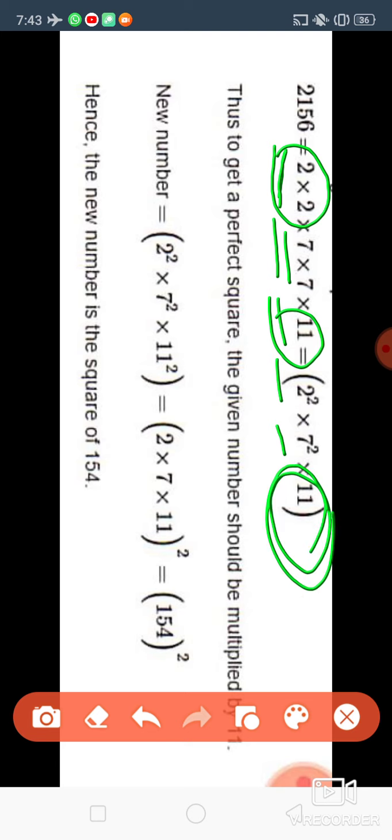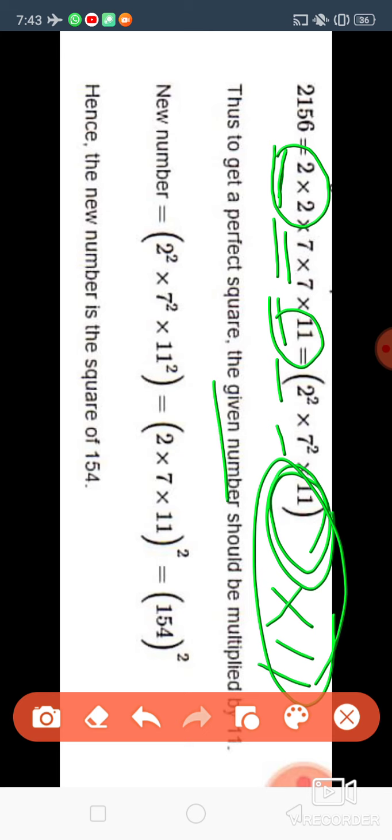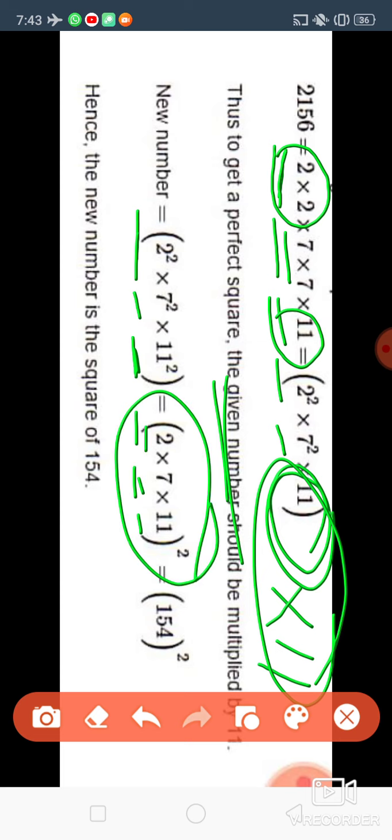To make it a square, we have to multiply by one more 11. So we get 2 square into 7 square into 11 square, which is (2 into 7 into 11) whole square. 2 into 7 is 14, and 14 into 11 is 154. So the new number is 154 square.